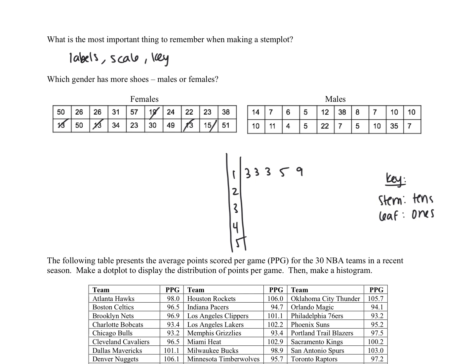So then if we look in the 20s, we have 22, 23, 23, 24, 26, 26. So we have 22, 23, 23. And you're going to try to line up vertically so that it's easier to read. And then we have a 24, we have a 26, and a 26.